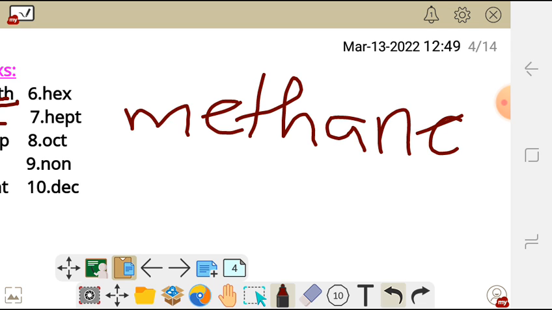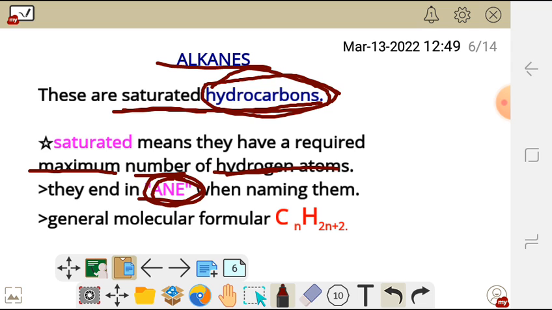So the first alkane will be methane. That's how you name alkane compounds. They end in ANE. Whenever you see a compound ending in ANE under organic compounds, that is an alkane.